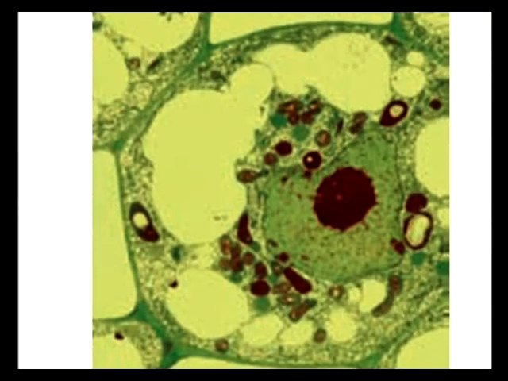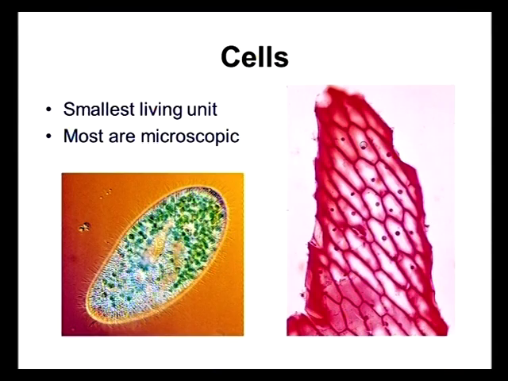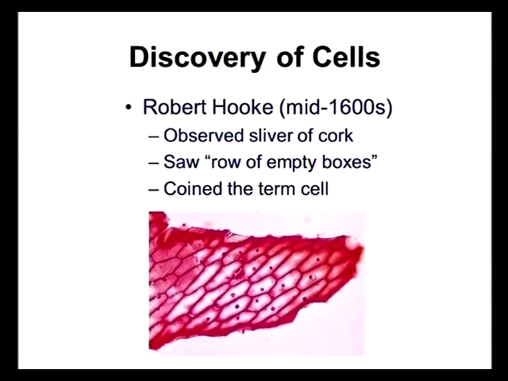Cell. This is a cell, and a cell is a microscopic structure. It is a small structure. Discoverer of the cell: who discovered the cell? Robert Hooke discovered the cell.